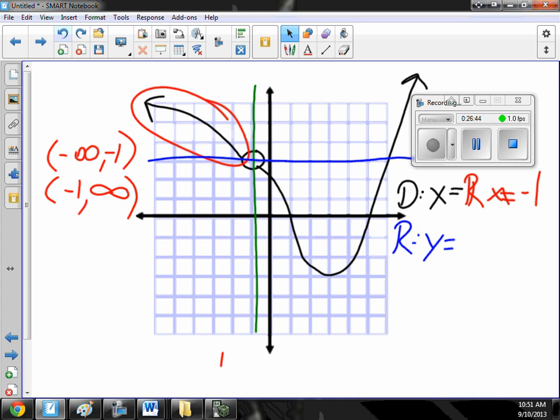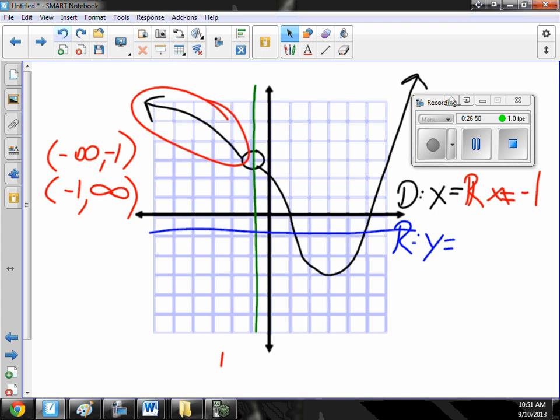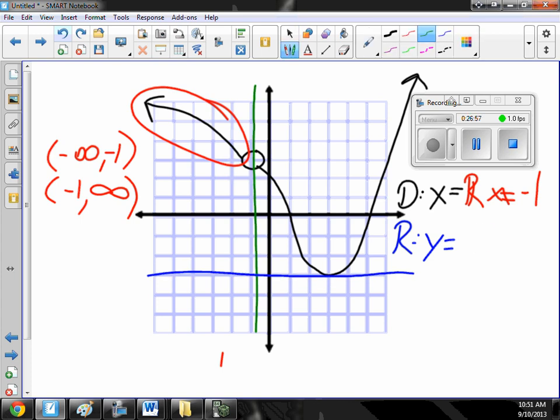No, it hits on the right, and as long as it hits once, we're okay. So, what is the lowest y value that this touches? -3. What's the biggest y value it touches? Infinity. Do we include -3? Yes, so it gets a bracket, because down here it doesn't tell us whether it's open or closed. If it doesn't tell us, it's always closed. Do we include infinity? No, never.